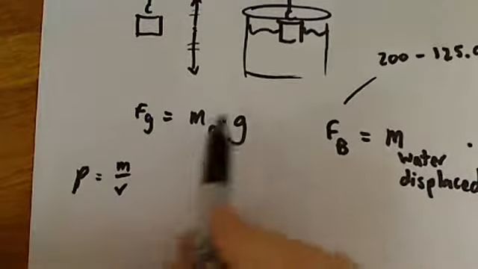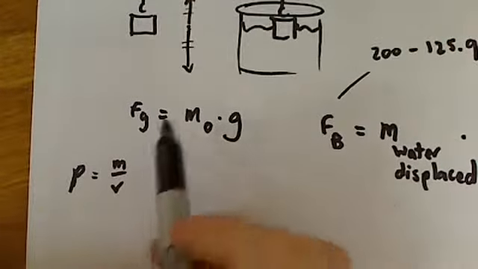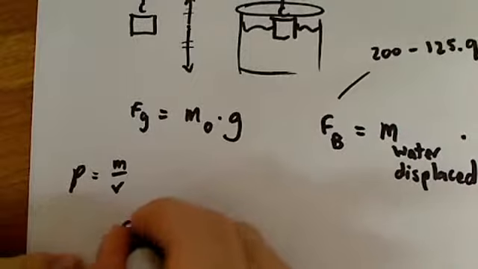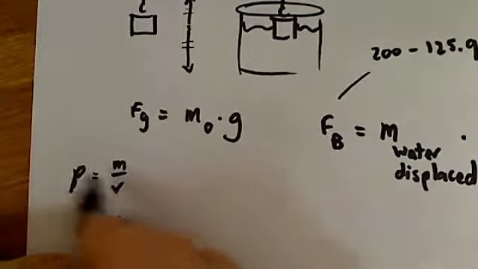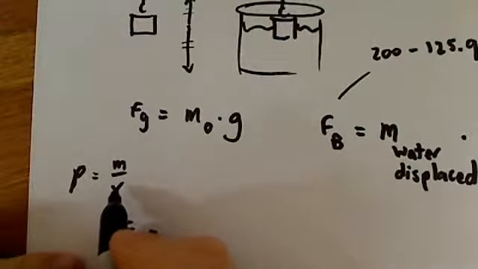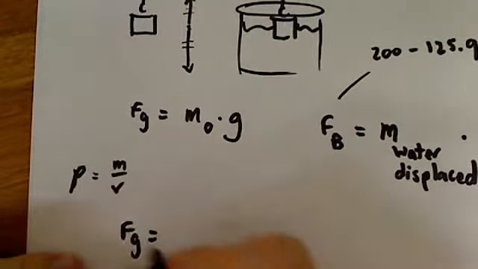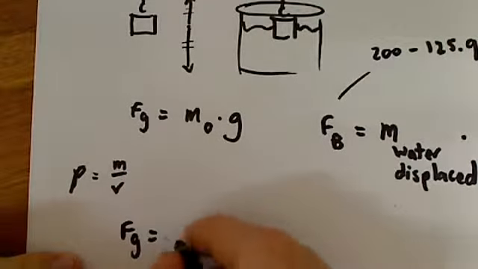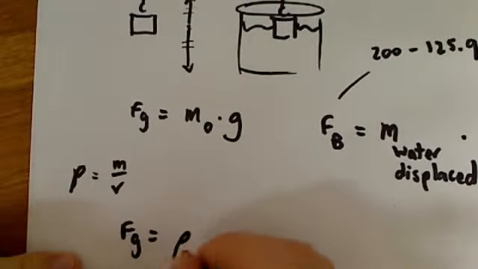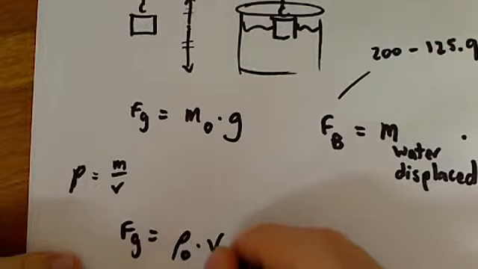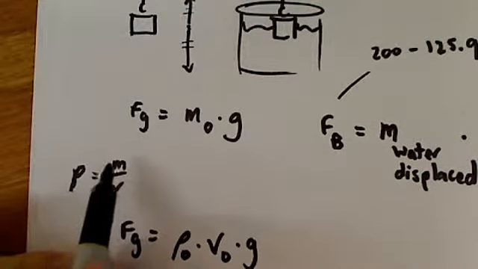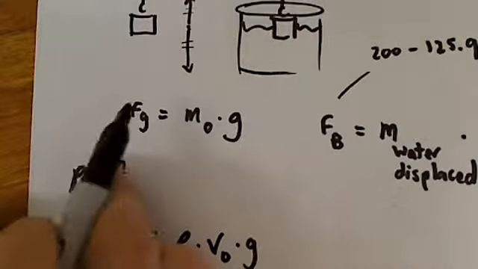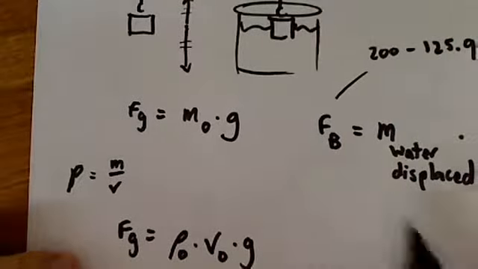Okay. So let's write this first equation in terms of density. Mass of the object: if I want to get mass all by itself, I have to multiply volume by both sides. So I can write this as density of the object times the volume of the object times gravity, where here I'm just isolating for mass, and then plugging it into the equation.